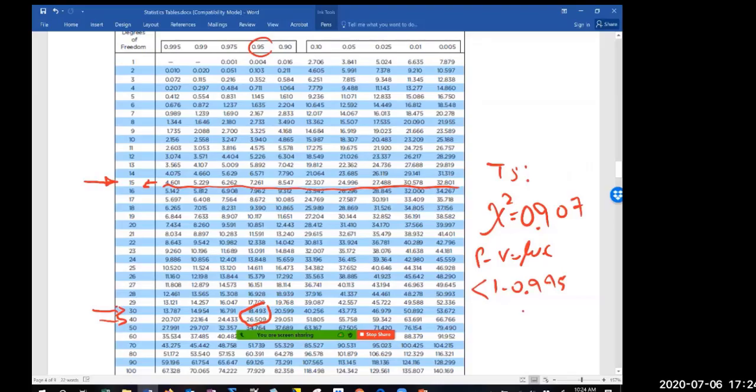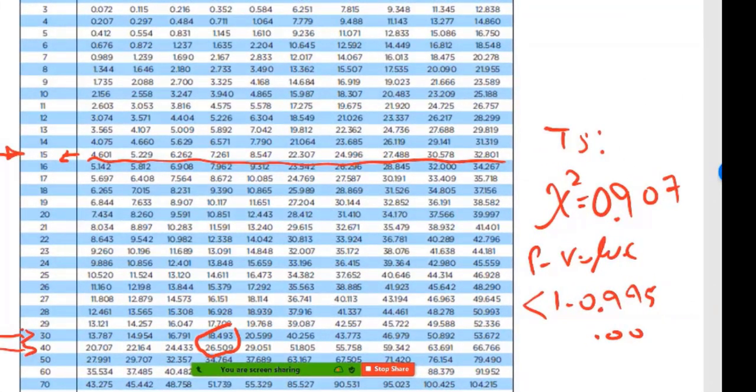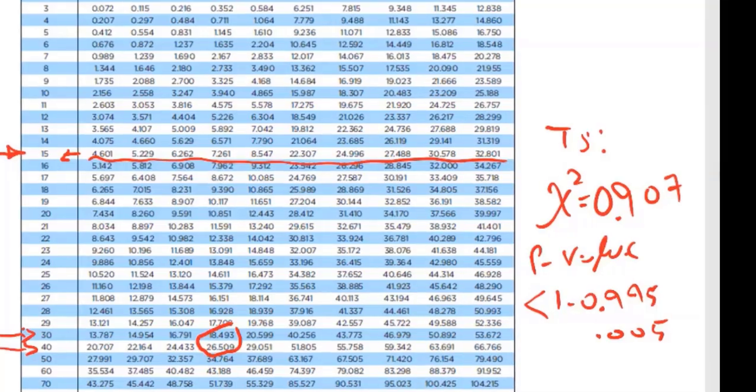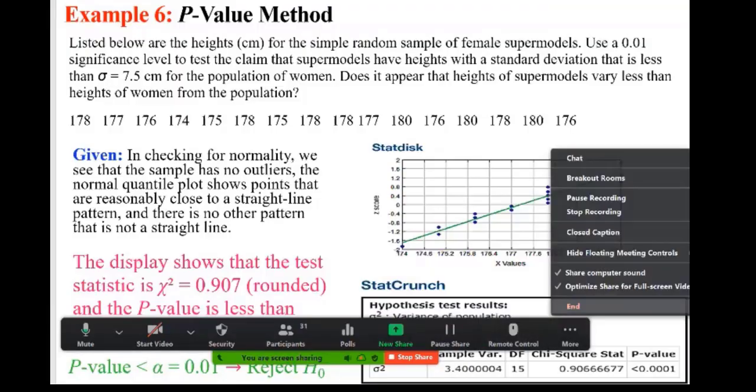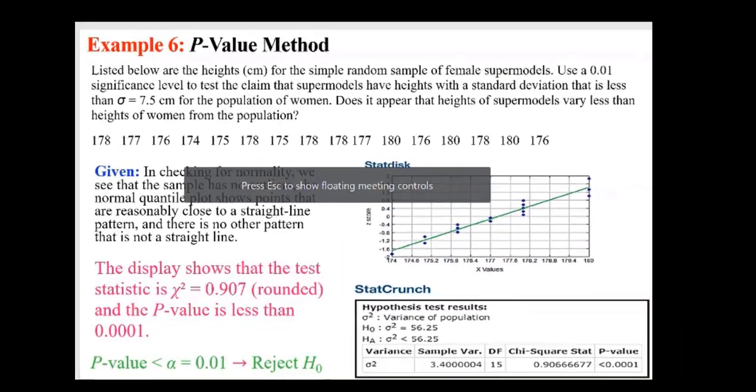And this is 0.005. So we don't know the p-value, but we know for sure it's less than 0.005. So we get to the same result as we did when we did the critical value, the traditional method, and we rejected H0. Let's go to the last part of this question.